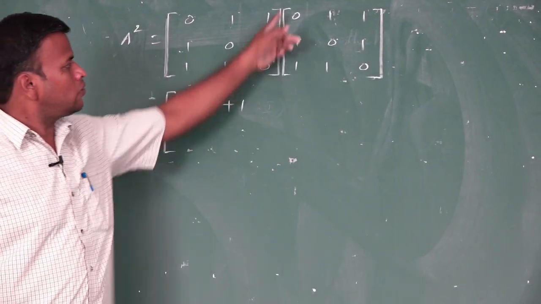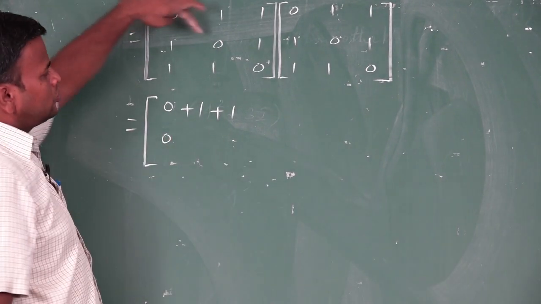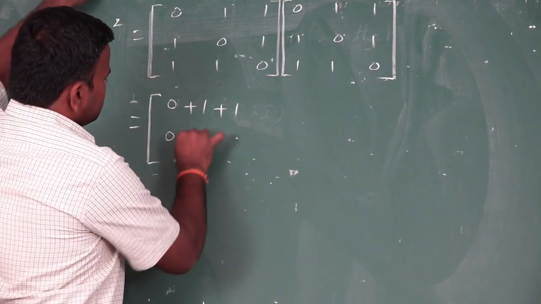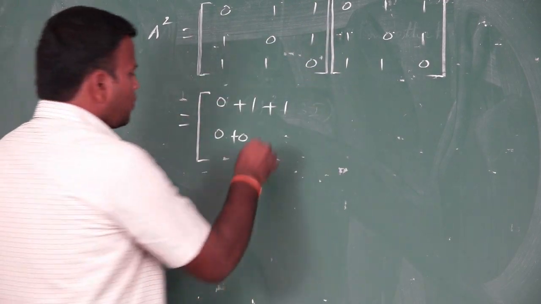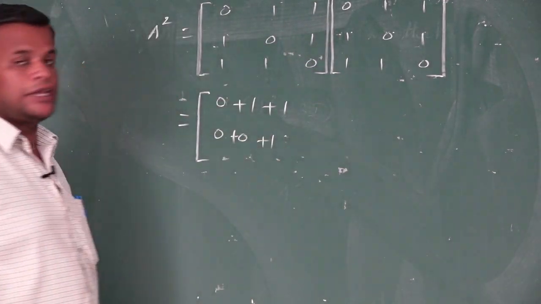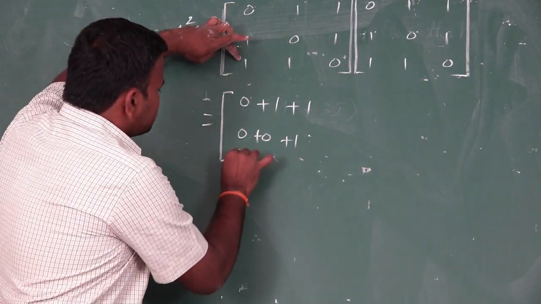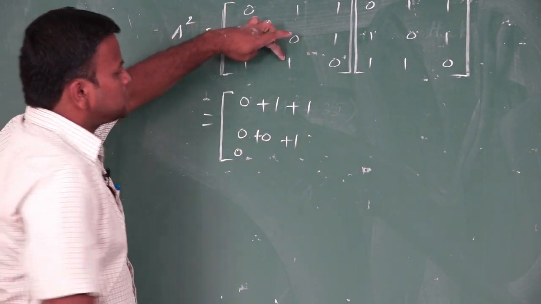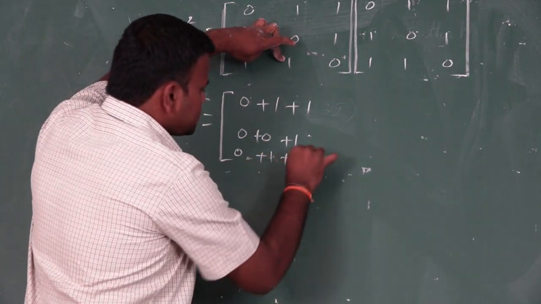Next, second row, first column. 1 into 0, 0. 0 into 1, plus 0, plus 1 answer, 1, plus 1. Next, third row, first column. 1 into 0, 0, plus 1 answer, 1, plus 0.